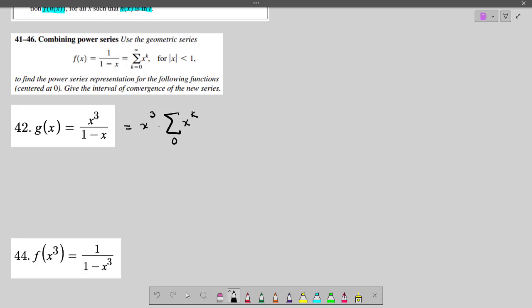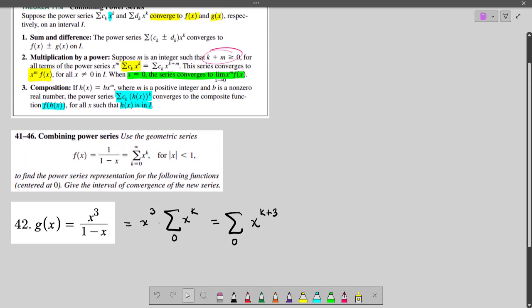So the way that this is written, it's not a power series yet. We have to do some addition, like we have to add these exponents. There is the new power series. All we did was distribute the x to the 3 to the inside. We added them together. There's no division by 0 because x cubed doesn't have a 1 over x in it. So our interval of convergence has not changed.